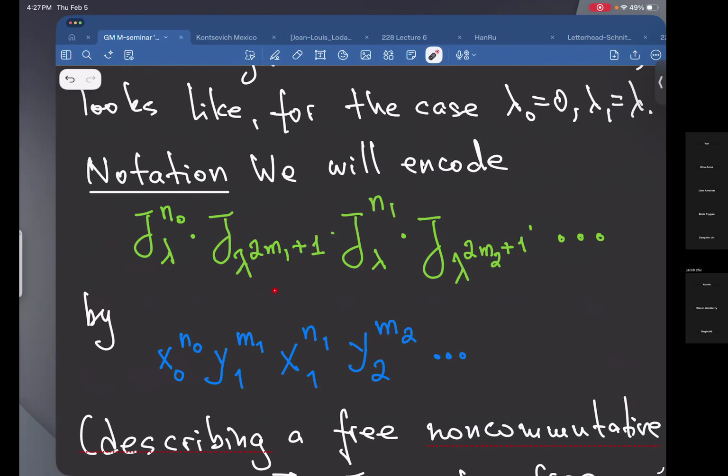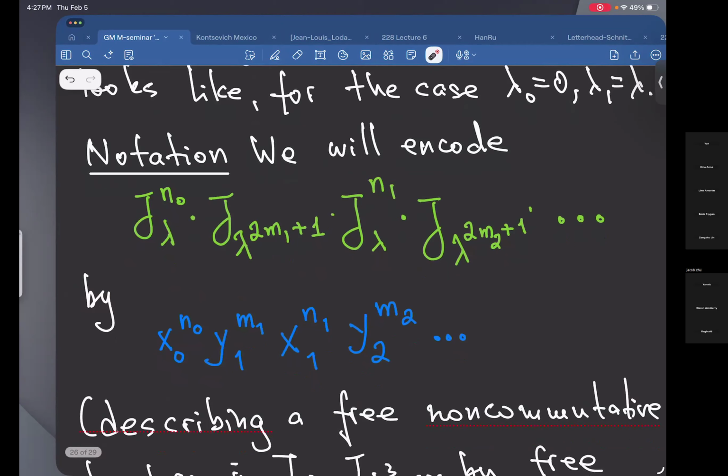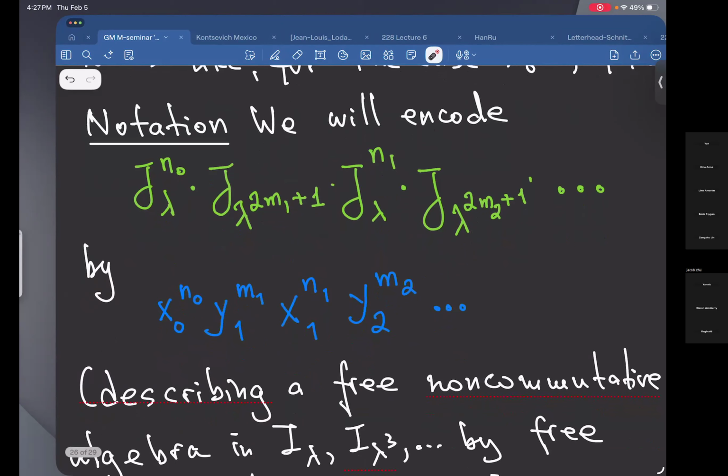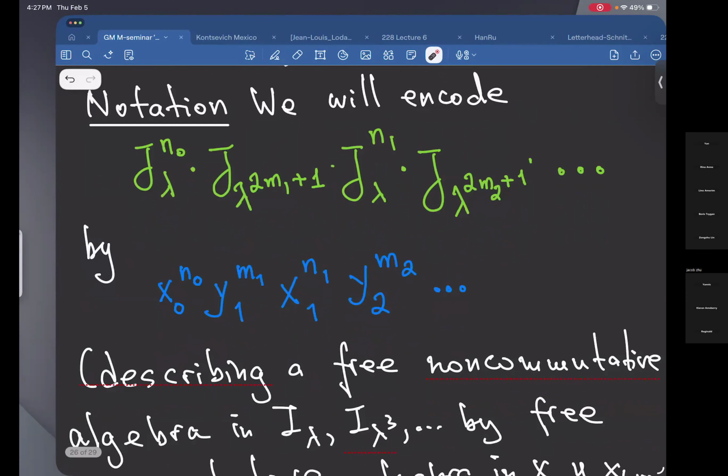So if I am looking just at this, or rather, no, never mind. Yeah. But those were very special operators. Now I have a non-commutative algebra, and I can write monomials that won't commute, and I can encode them by monomials in commuting, but more than two variables.